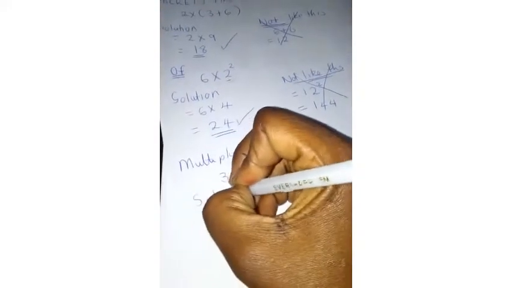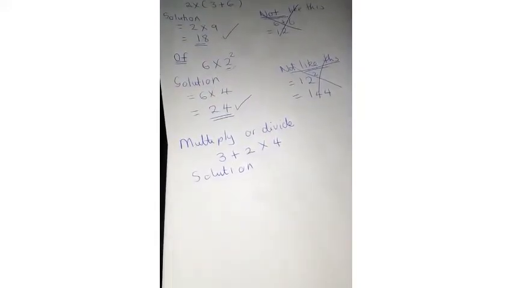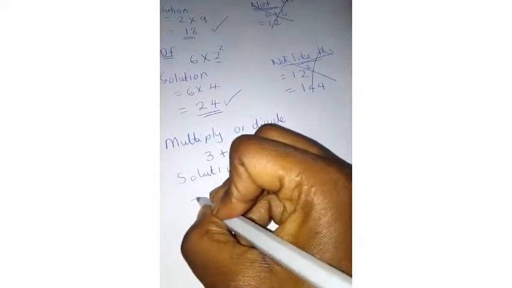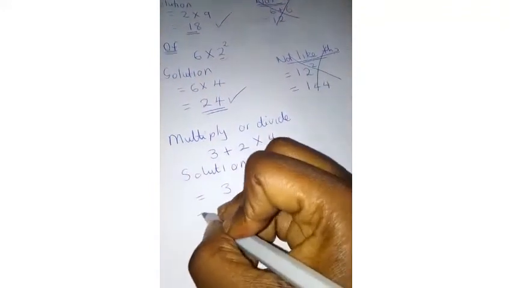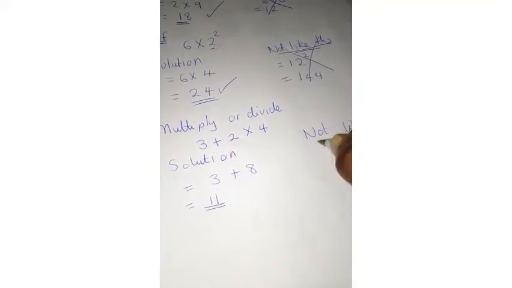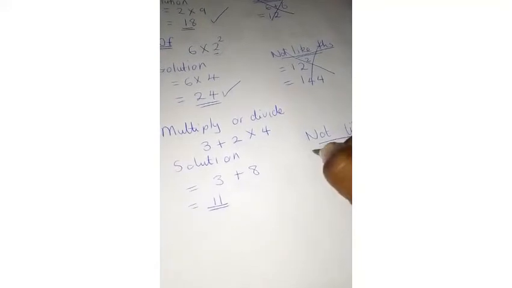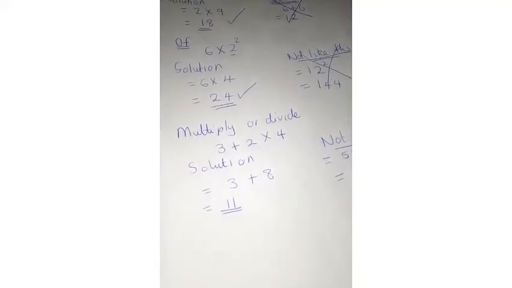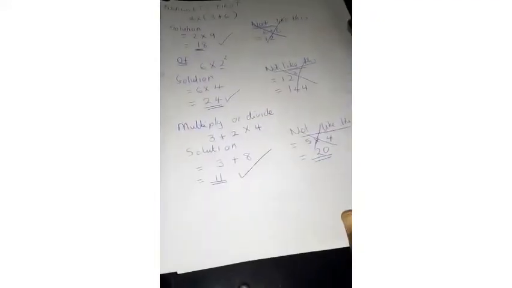For the solution, we first multiply 2 times 4, which is 8, so it becomes 3 plus 8, and 3 plus 8 is equal to 11. This is correct. We do not solve like this: 3 plus 2, 5 times 4, which is 20. This is very wrong, and the other is the correct way of doing it.